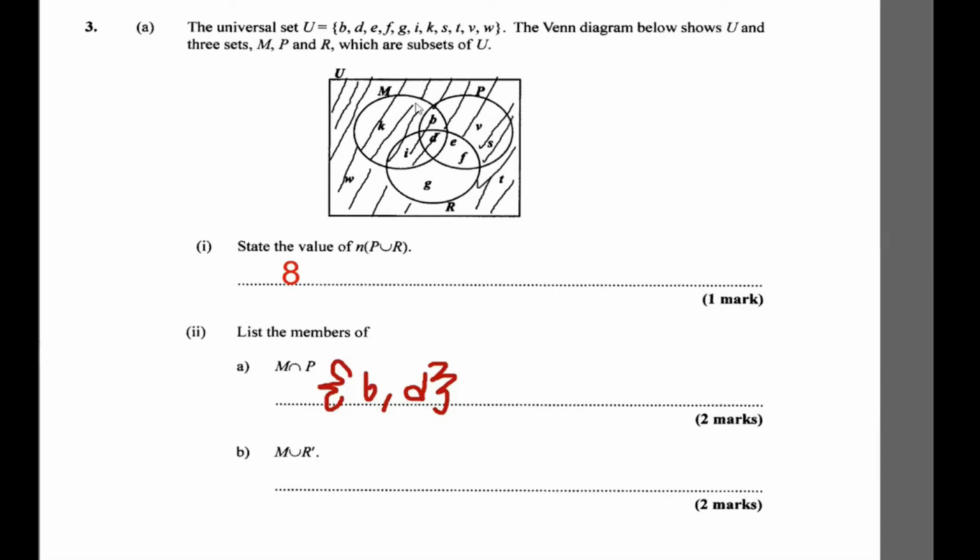And so it's all of M plus R complement. And this is everything outside R. So the only thing that we're going to be missing is those that are directly inside R alone. What's inside R alone?